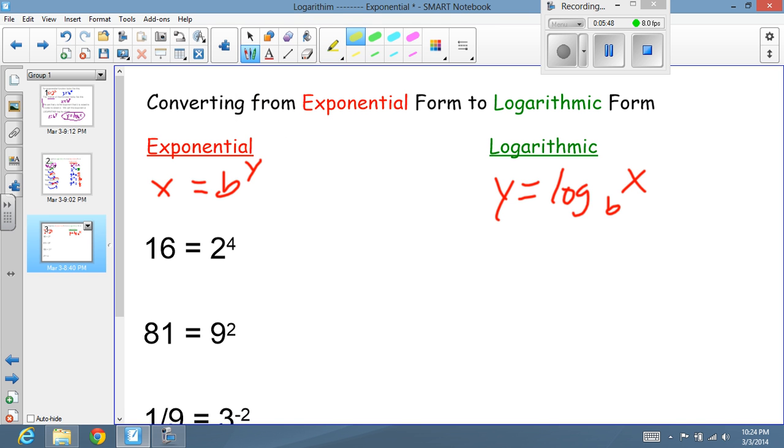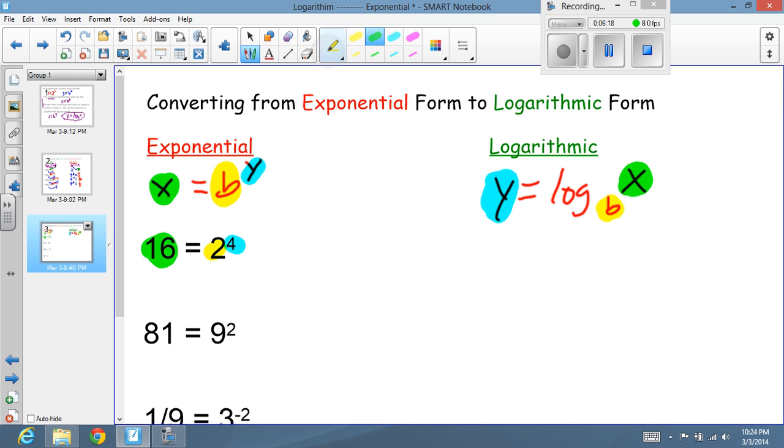And if I go to my highlighter here and I say, okay, here is b when it's in exponential form, here is b when it's in logarithmic form. Well, in my first example, my b is 2. My y ends up over here. That's where my 4 is. And then the x ends up here. In this case, that's 16.